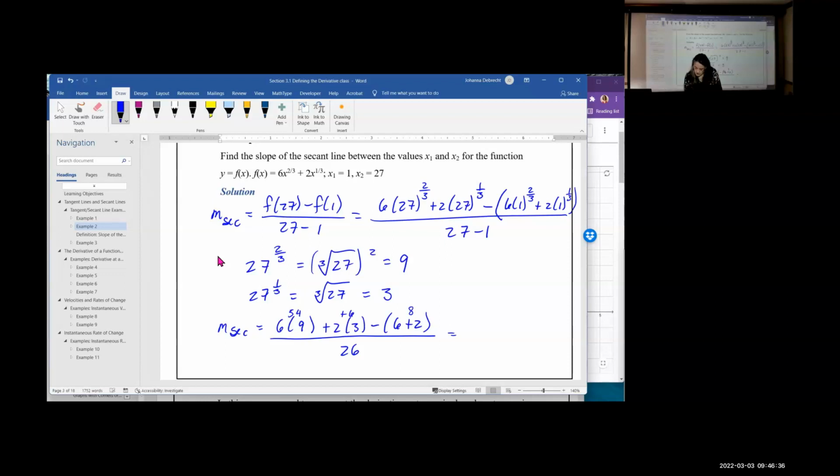This gives me 6, and that's minus 8. So that would give me 52 divided by 26, which is a rate of change of 2. So our rate of change is 2 units in the vertical direction for every 1 unit in the horizontal direction. And I'm thinking of 2 as a fraction of 2 over 1.